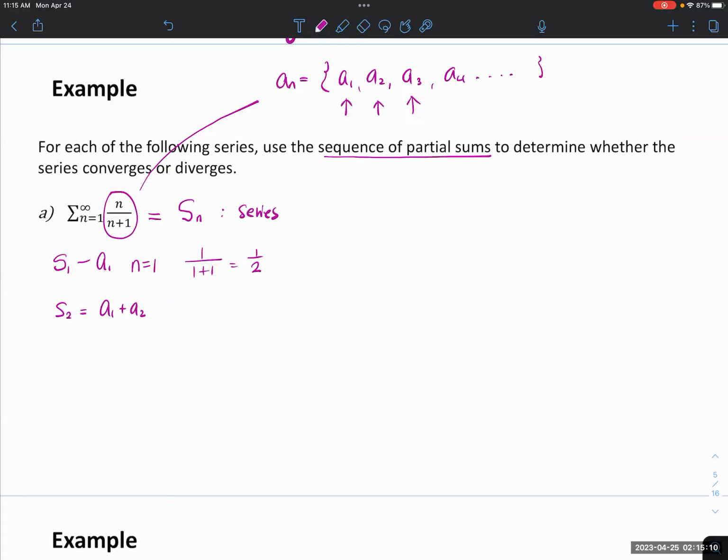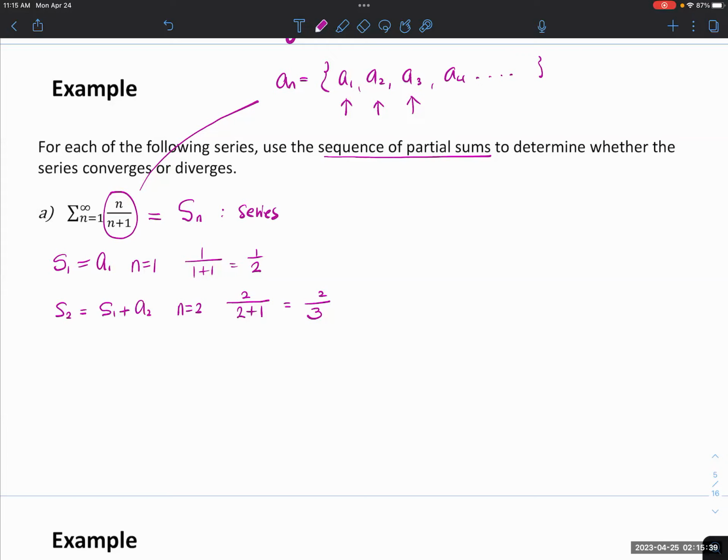So let's plug in n equal to 2: 2 over 2 plus 1. This is 2 over 3, right? So let's think about it. S2, instead of writing this, how about S1 plus A2? Are you following?